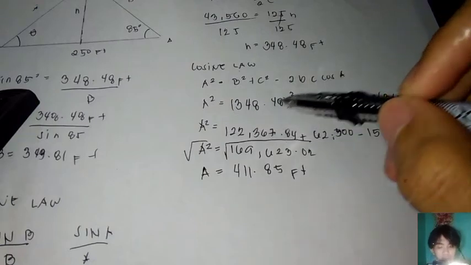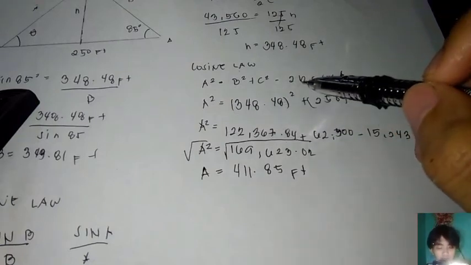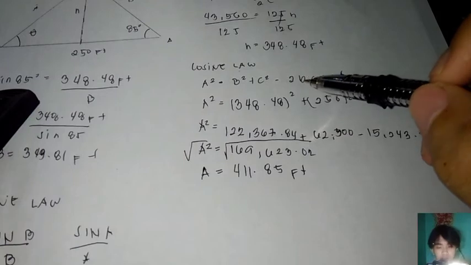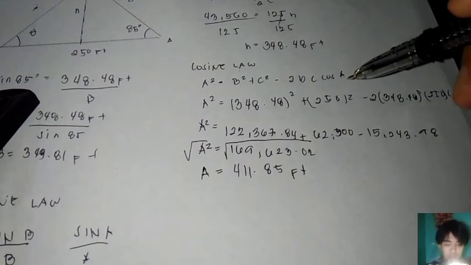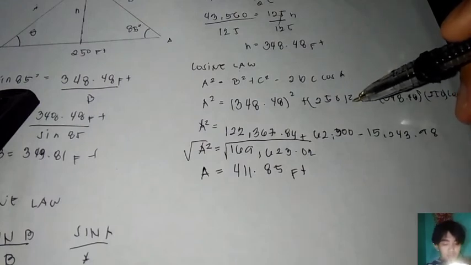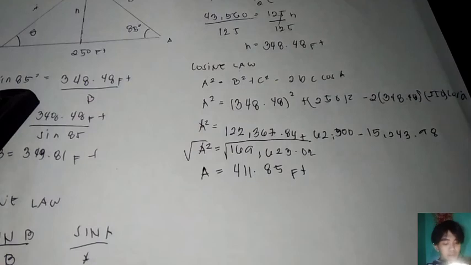After that, let's multiply the 348.44 by itself. So we have 122,367.84, plus, let's multiply by itself the 250. So we have 62,500, and let's multiply 348.44 by 2.